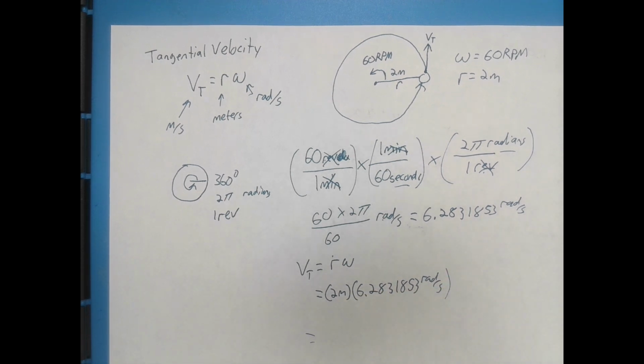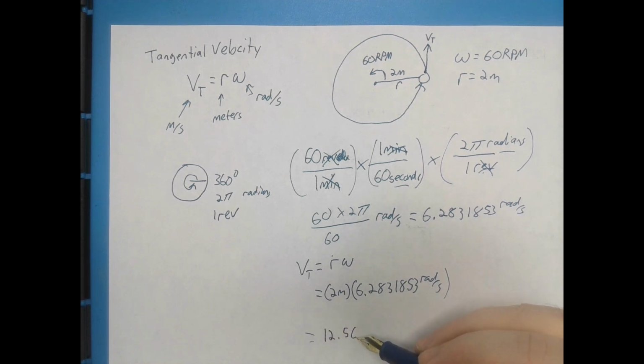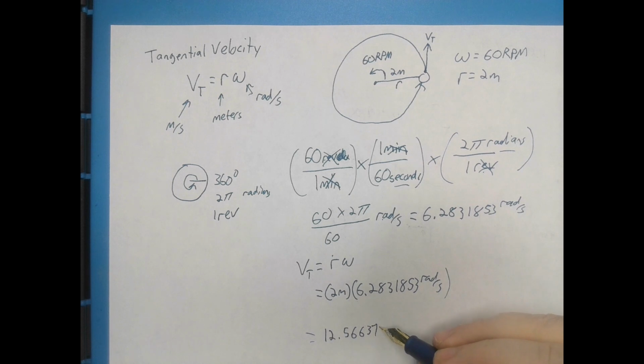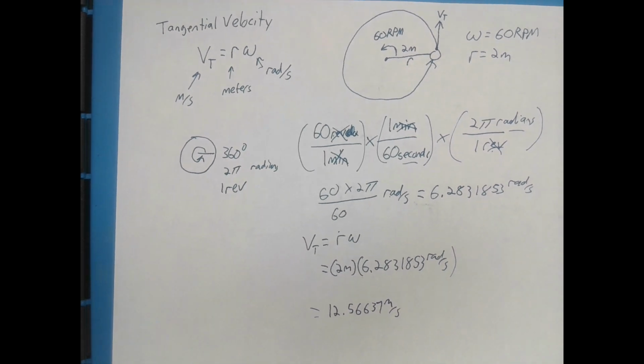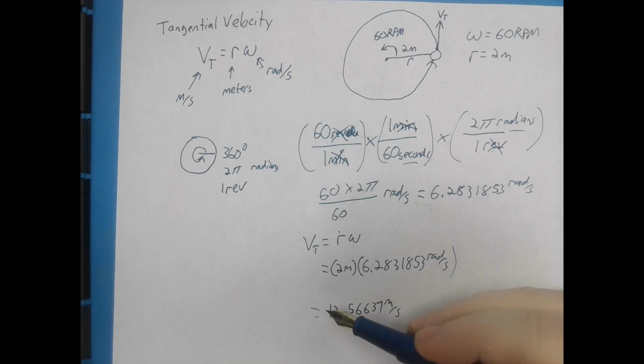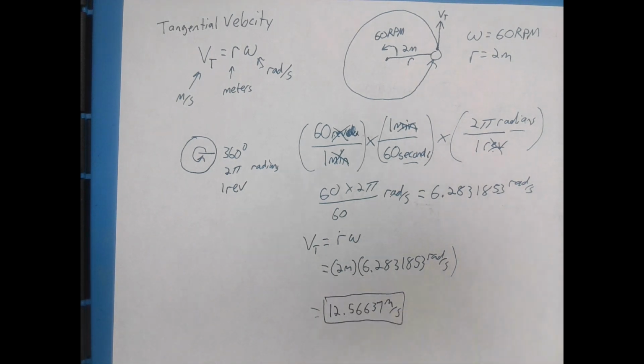The radians just vanishes because it's not a real unit. So 2 meters times 2 pi is 12.56637 meters per second. So the linear speed at which the object is moving is a little over 12 meters per second, between 12 and 13.